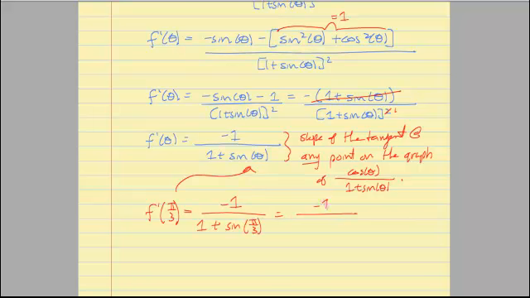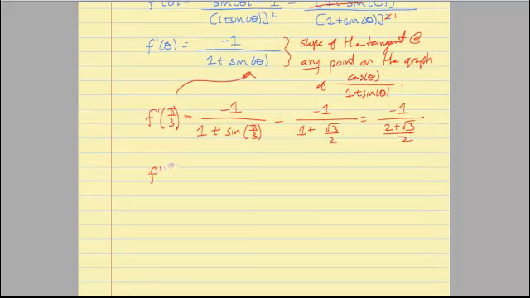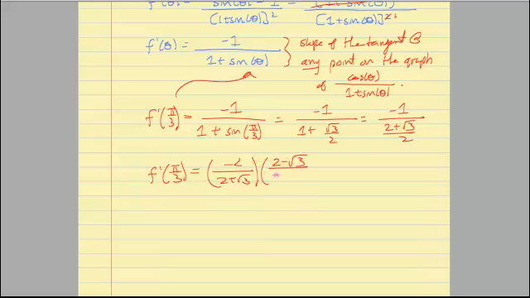So I have a negative 1 in the numerator. Now the sine of pi over 3, we already worked with that. That's square root of 3 over 2. I could find a common denominator here, and I'm left with 2 plus root 3 over 2. And that will flip. And when that flips, I get a negative 2 over 2 plus root 3. I'm going to rationalize from here because hopefully something will be a little bit nicer to work with. We'll see.